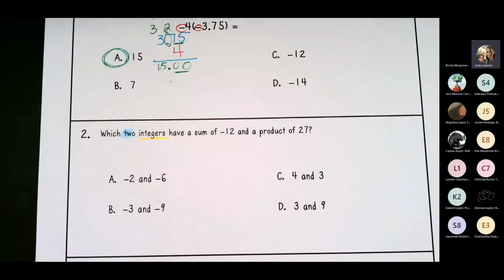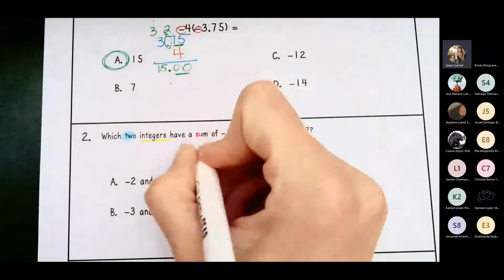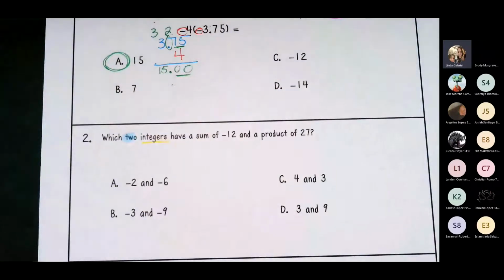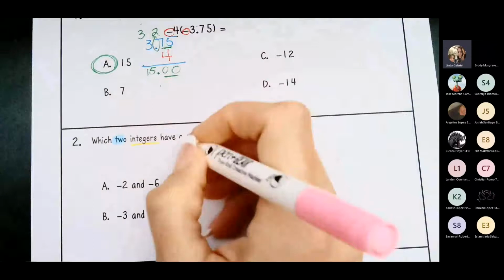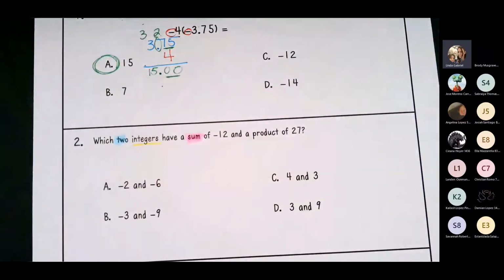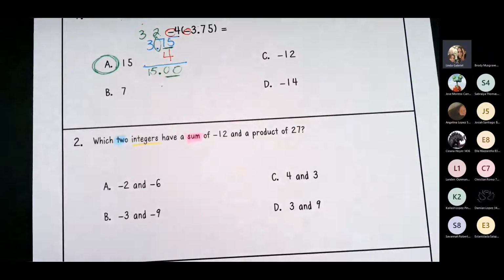Let's see. So I know that I have 2 integers. I have another fancy buzzword. The 2 integers meaning whole numbers, either positive or negative. The sum, meaning when I add up the 2 integers, they will be equal to -12.